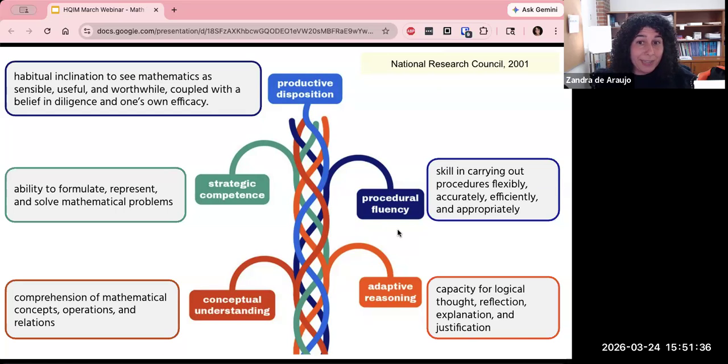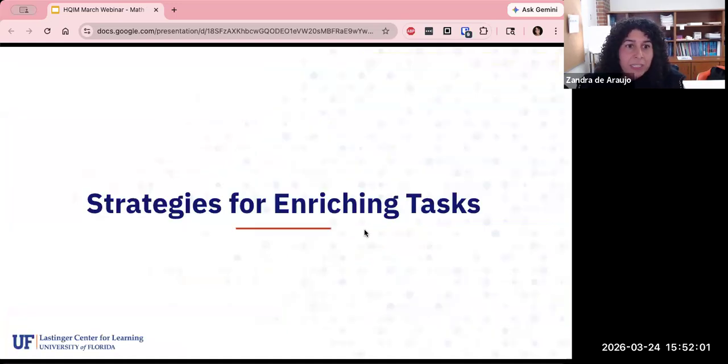Are you helping students see math as useful? Maybe. Maybe they think procedures are useful, but probably it's better to see it's useful if you can create it or apply it to different situations. And can you ask mathematical questions and answer them mathematically? Probably if you're not getting the opportunity to engage with rich tasks, you're probably not doing so. So that's how we're thinking about it.